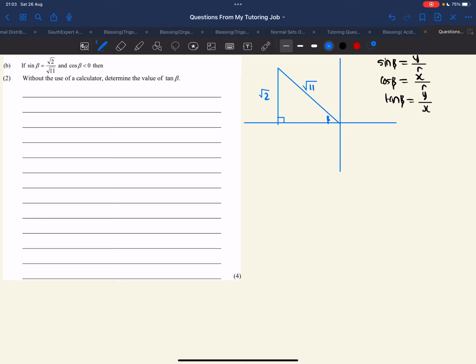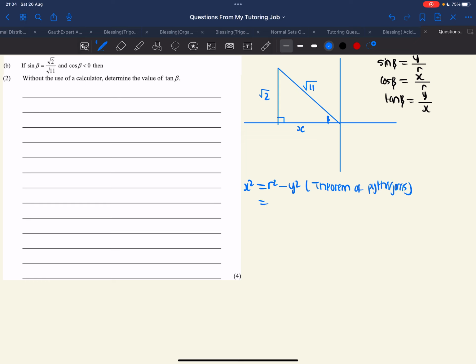Now we are looking for x, which is actually called the adjacent side. To find x, we're going to say that x squared equals r squared minus y squared, theorem of Pythagoras.